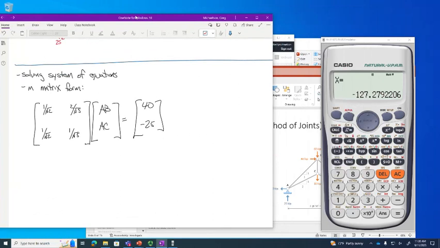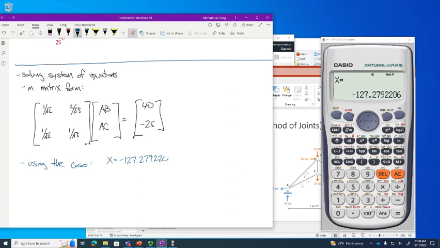Okay, so what we'll say is using the Casio, let's just raw write what the Casio yielded. So x equals minus 127.8279 2206.